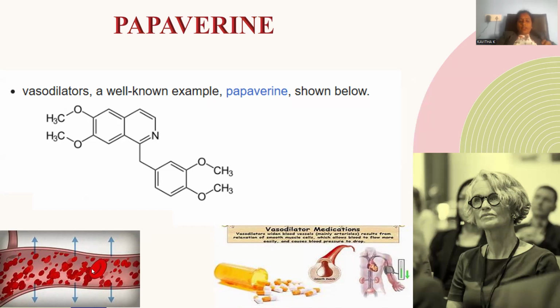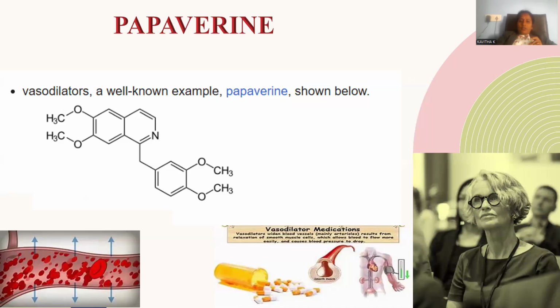Vasodilation is nothing but this: whenever blood is pumping through the veins, if the blood vessels are very narrow, pumping becomes very difficult, and that will raise the blood pressure. High blood pressure is caused by contraction of the vessels or else deposition of cholesterol, right?